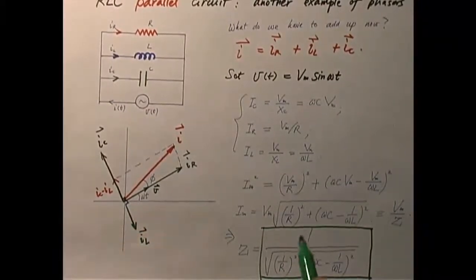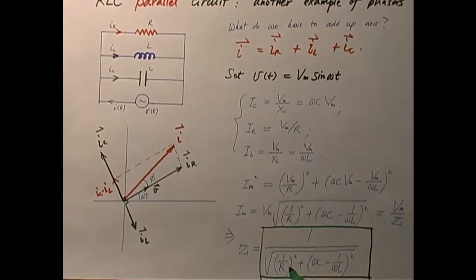Now this is reminiscent of how we calculate the resistance for three branches in parallel. Remember how we did that? 1 over R equals 1 over R1 plus 1 over R2 plus 1 over R3. See, something similar.